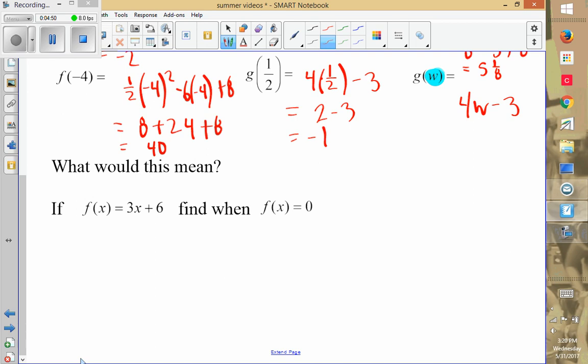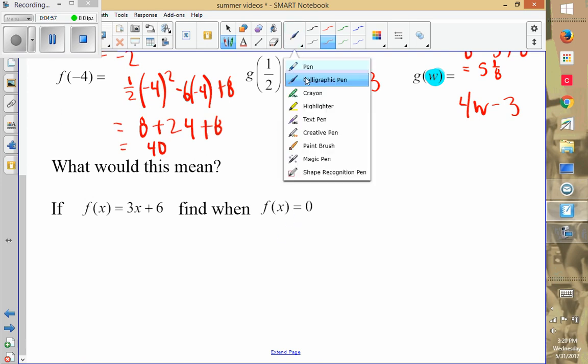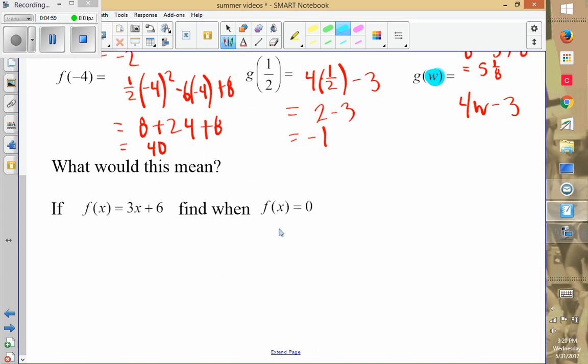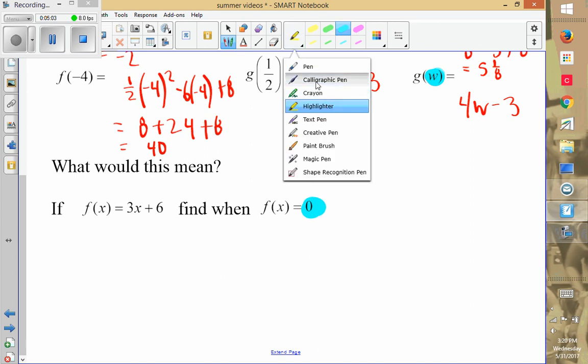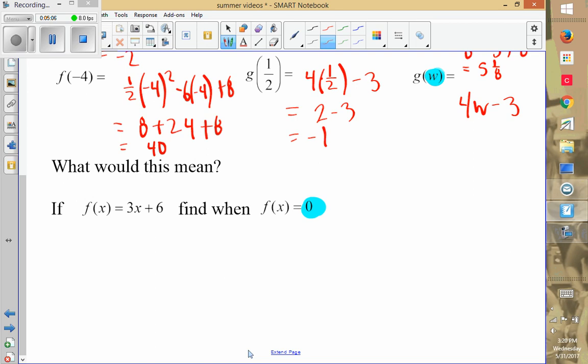So I'm redefining what f of x is. I want to know when f of x is equal to 0. If you notice, the number is not where x is, the number is now where we're equal to. If you think about what that's always meant in math class, that means that you're trying to figure out when y is equal to 0.